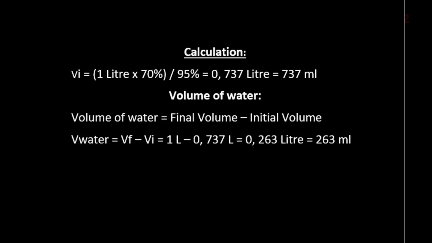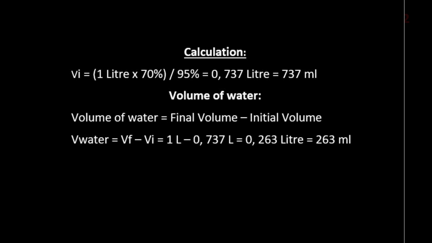But how much water are we going to use? In this case, we need to find out the volume of water. The volume of water will simply be equal to final volume minus initial volume. We can come up with a formula here: V water, which means volume of water, will be equal to Vf, the final volume, minus Vi, the initial volume. Final volume is 1 liter. Initial volume is 0.737 liter. Do the calculation.